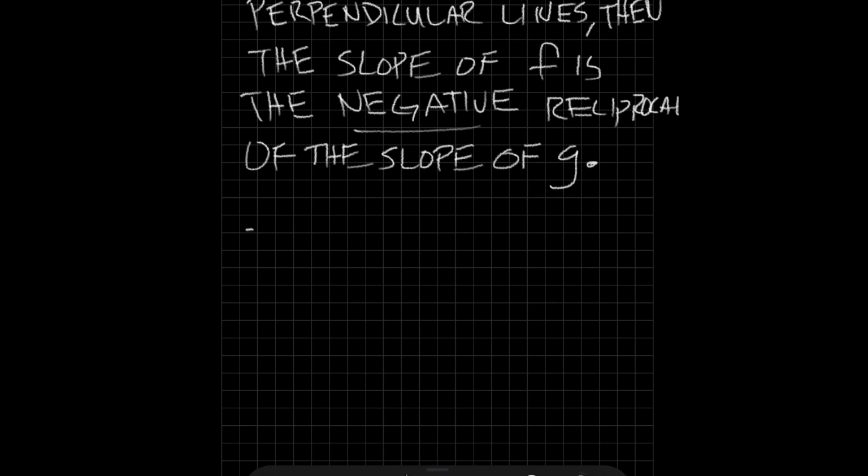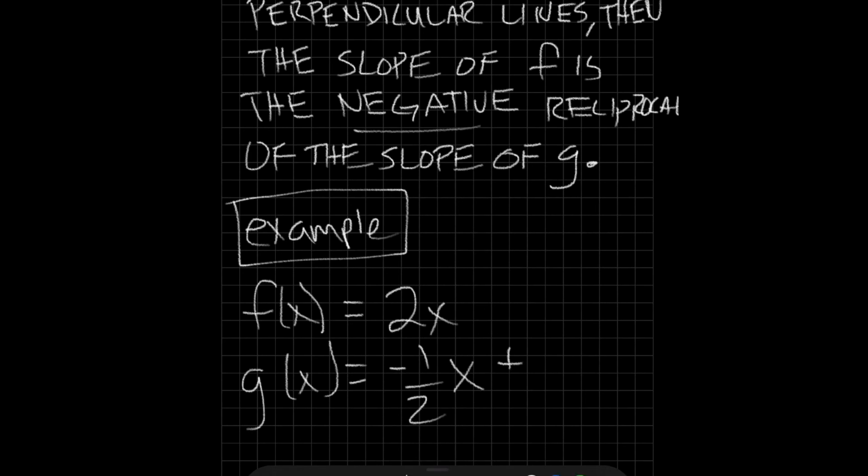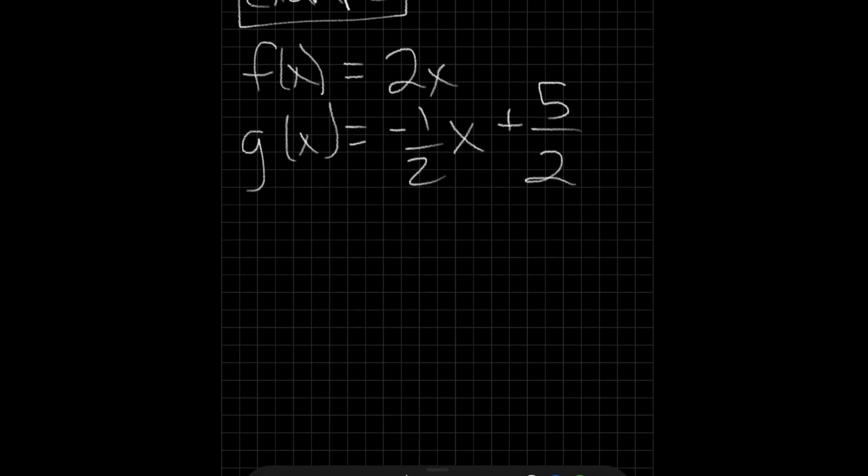Let's give you an example, and I'm actually going to give you the example of the lines that we graphed before that we were able to see as perpendicular. So let's say we have f(x) = 2x, and we have g(x) = -1/2 x + 5/2. This was actually the example I gave you above that I graphed for us.